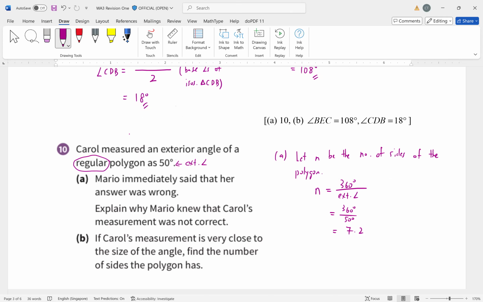So we know that something is now incorrect really because n is not a whole number. Right, so now we can conclude, okay, since n is not a whole number, the exterior angle cannot be 50 degrees, all right?